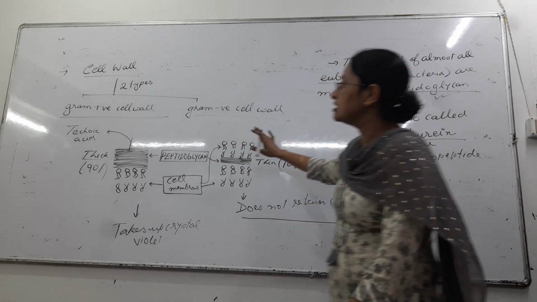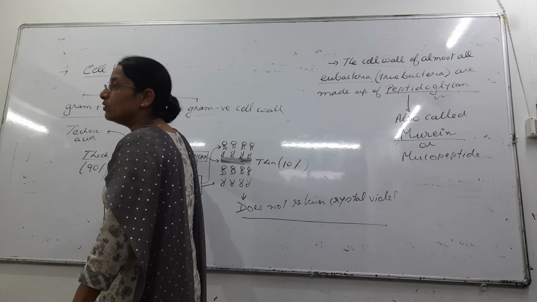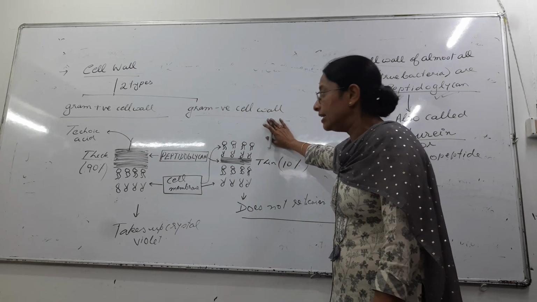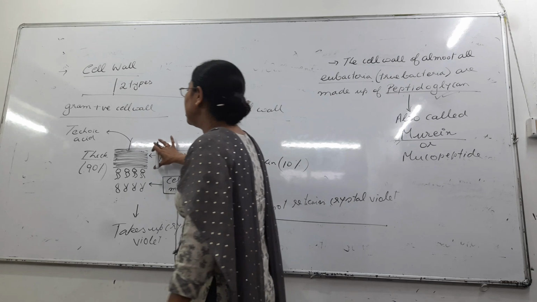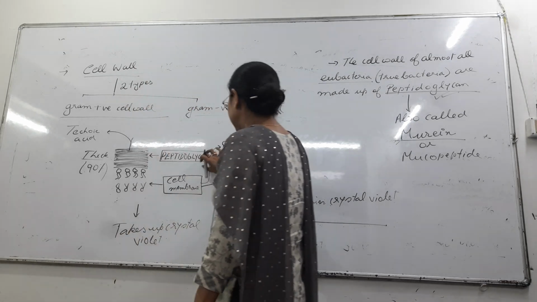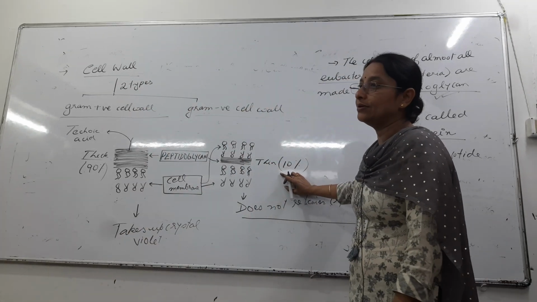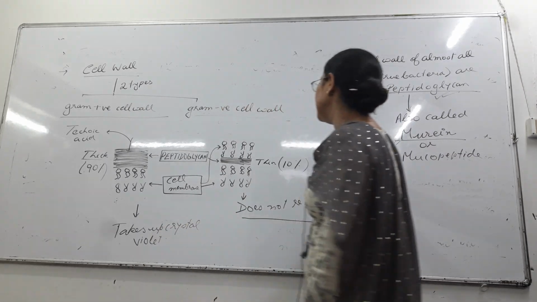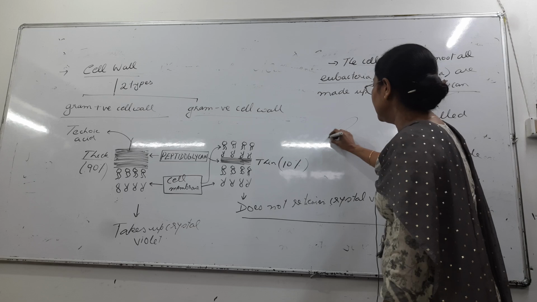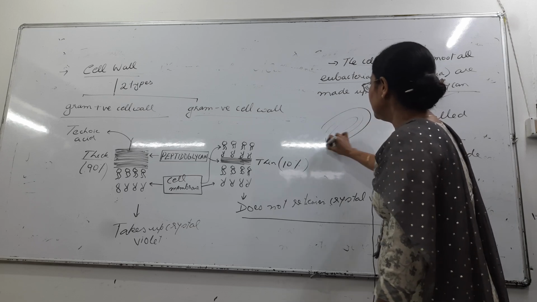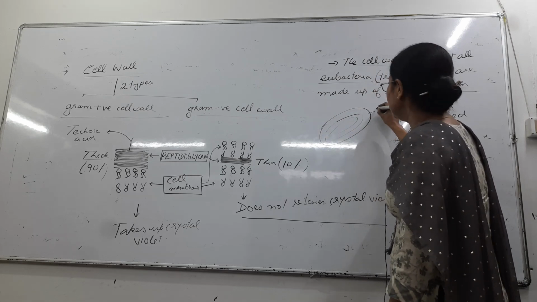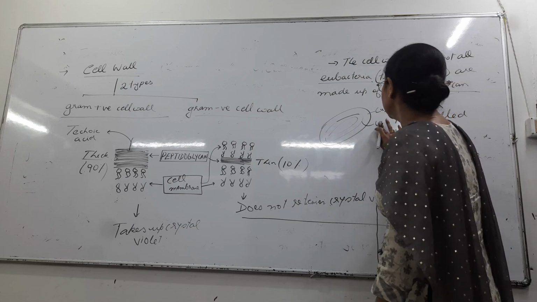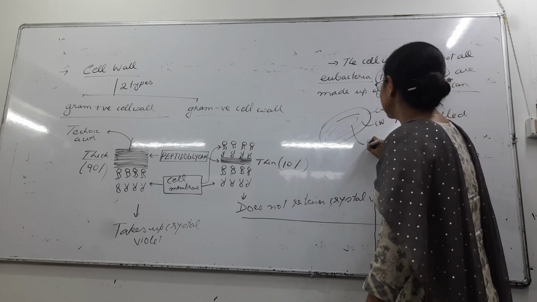So if you are talking about positive bacteria, they will have peptidoglycan; if you are talking about negative bacteria, they will also have peptidoglycan. But what is the difference? Peptidoglycan will be more in gram positive, a thin layer in gram negative. See the diagram we drew: this one we called capsule, this one cell wall, and this one cell membrane.